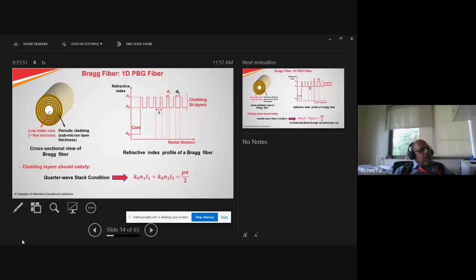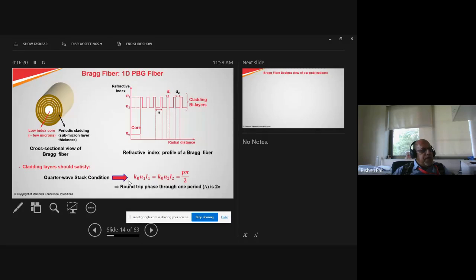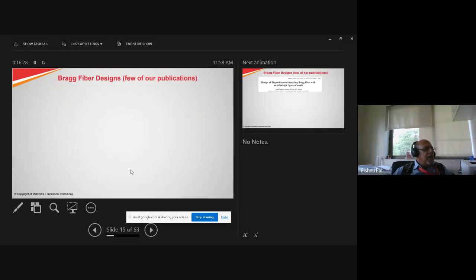So if k0 N1 D1 is equal to k0 N2 D2, and these are equal to an integral multiple of pi by 2, then the small reflections which take place at every interface of high and low index will add up in phase, giving you a strong confinement of light in the center rather than leaking out of the fiber. So this implies a round trip phase through one period, capital lambda, of 2 pi. Such a structure is a guiding structure due to the photonic band gap effect.